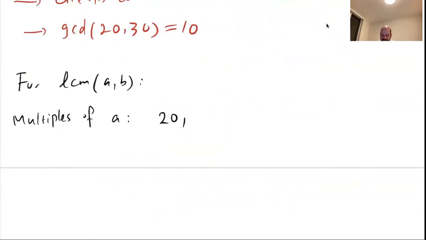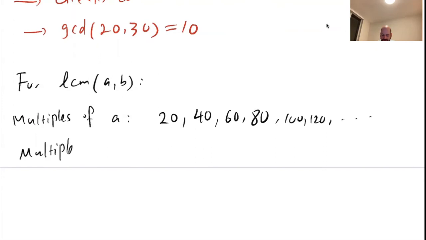So 20 itself, 40, 60, 80, 100, 120, and so on. And multiples of B, multiples of 30: 30, 60, 90, 120, and so on.